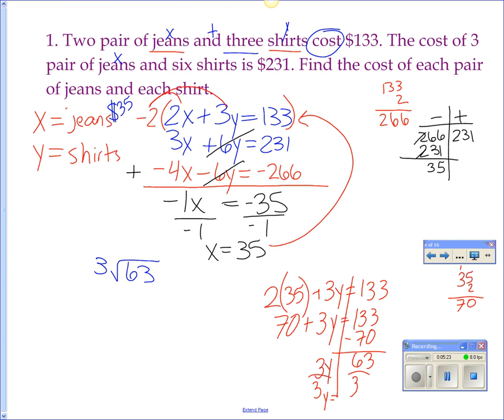How many times? 2, and 3 times 2 is 6. Gives you 0. Drop down your 3. 3 goes into 3 once. So you get 21. So a shirt is $21. Whew, I never stopped there. Questions? All right, you got this.